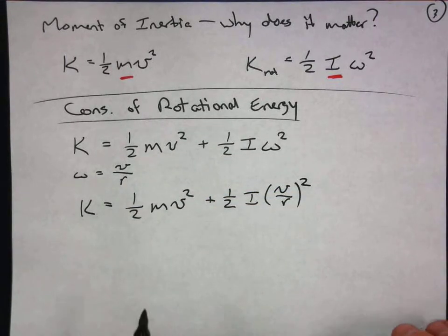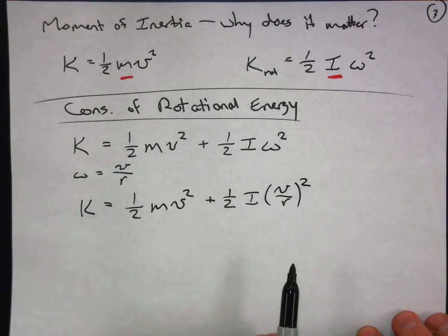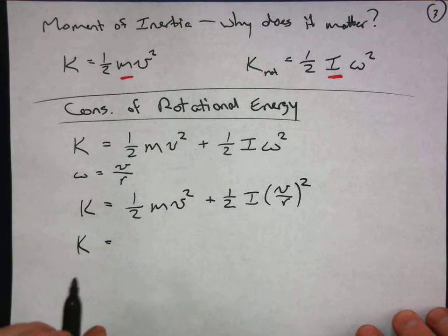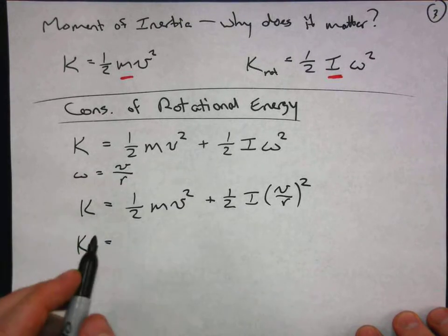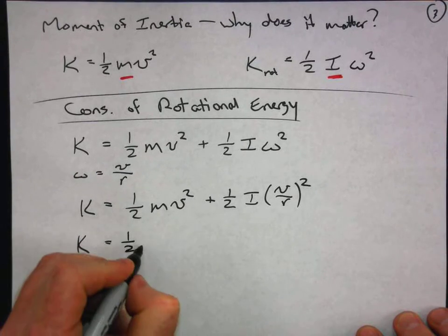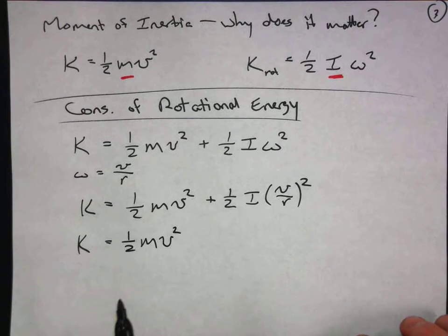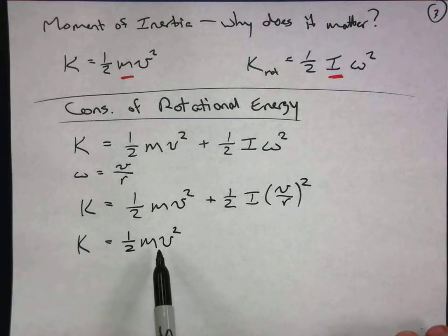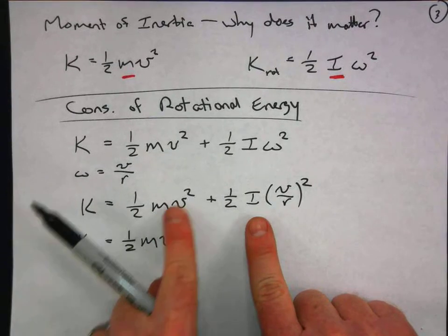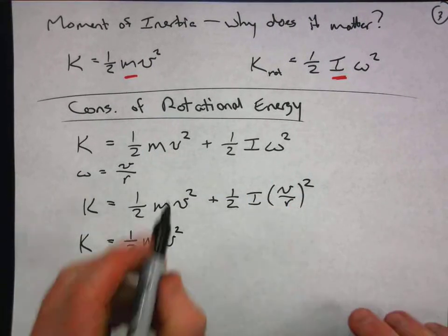And in your textbook, it does something interesting with this bit. I'll show you where it goes, and then I'll try to explain it for you. It actually does make sense when you dive into it. You end up with 1/2 m v squared. Essentially what we're doing is factoring out a 1/2 m v squared from both of these terms. So I'm going to end up with 1 plus whatever's left over here.